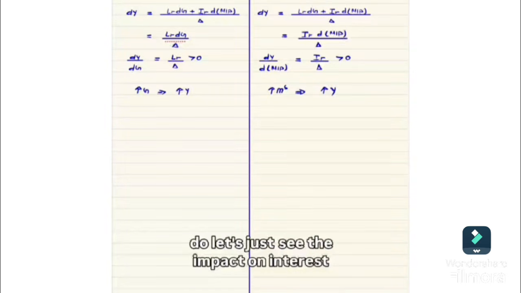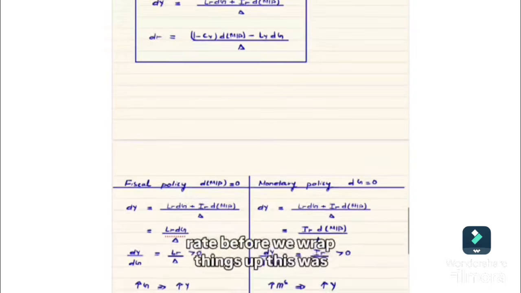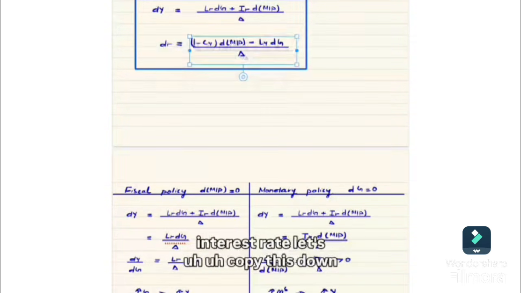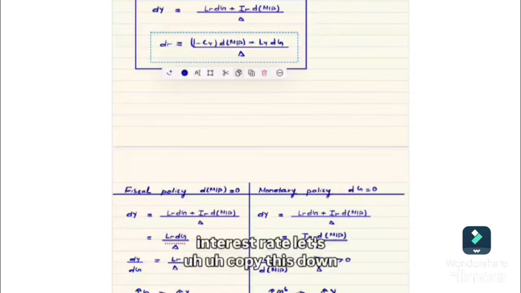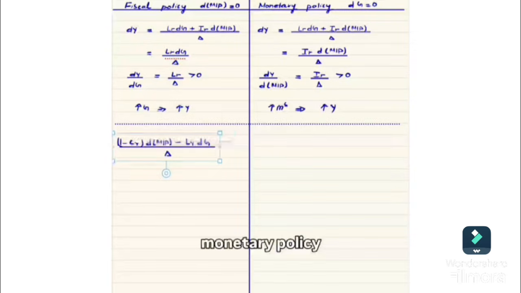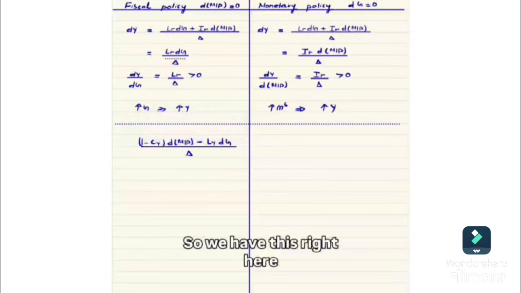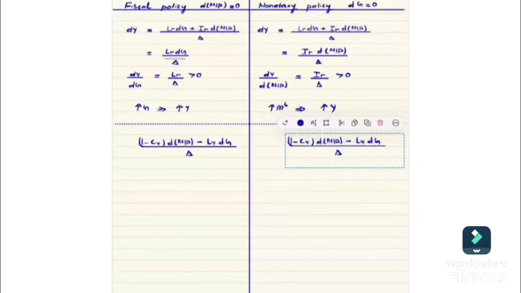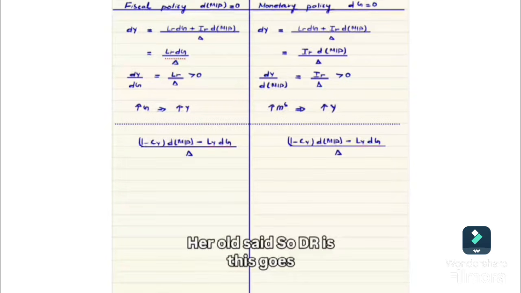This was the equation for the change in interest rate. Let's copy this down and analyze the impact of fiscal and monetary policy. So we have this right here, we have this right here. Okay, we're all set. So dr equals this, dr equals this.